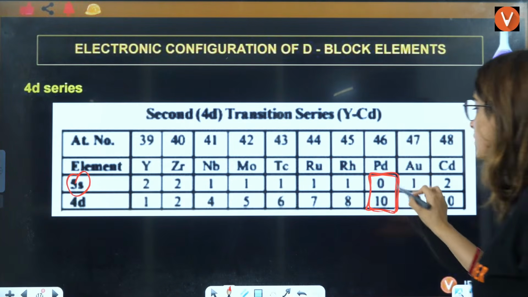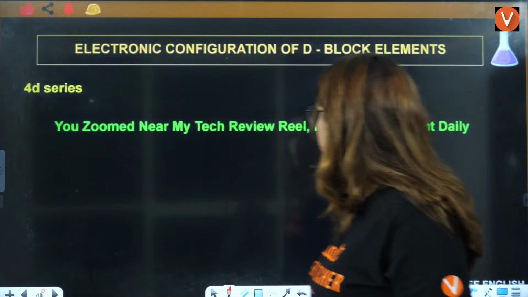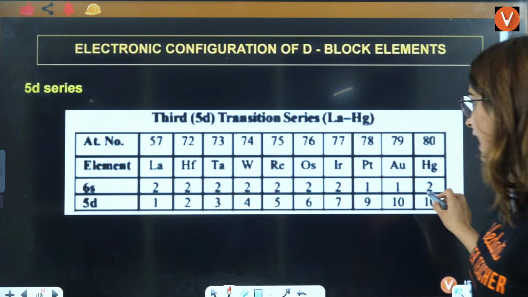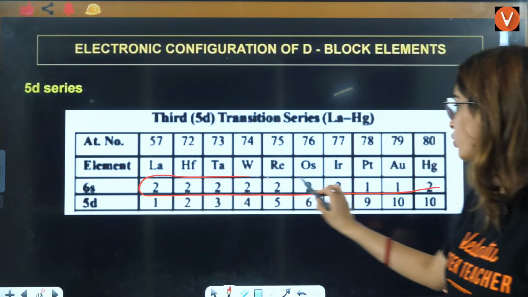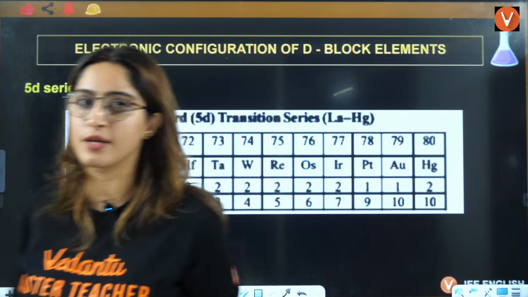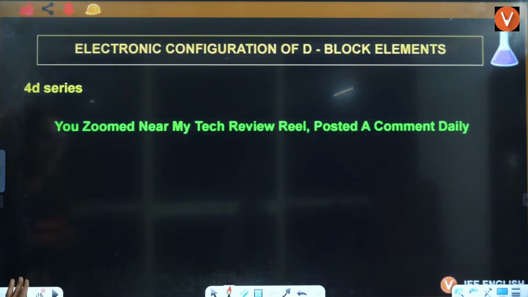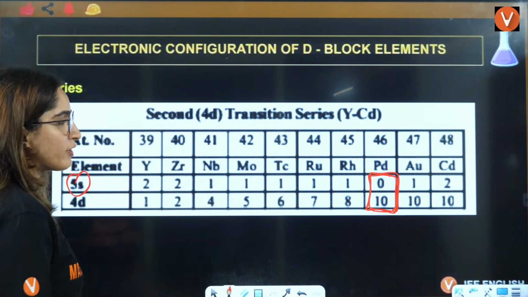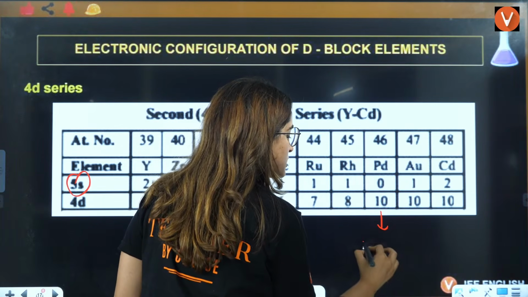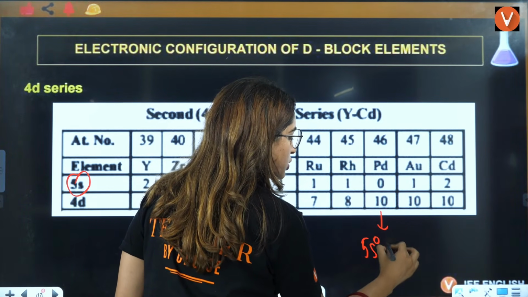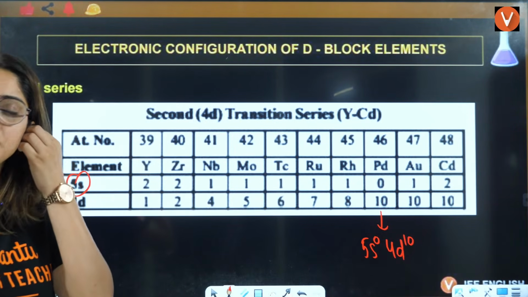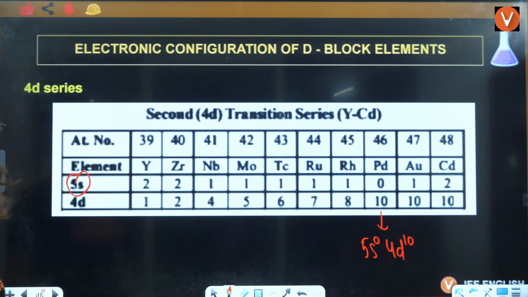And over here, anyone has s0? No. It is 2, 2, 2, 2, 1, 2, nothing, 0. So that forms the exceptional electronic configuration. That's why this is highly important for you. That is 5s0, 4d10. This is the electronic configuration that becomes extremely important for you, right?